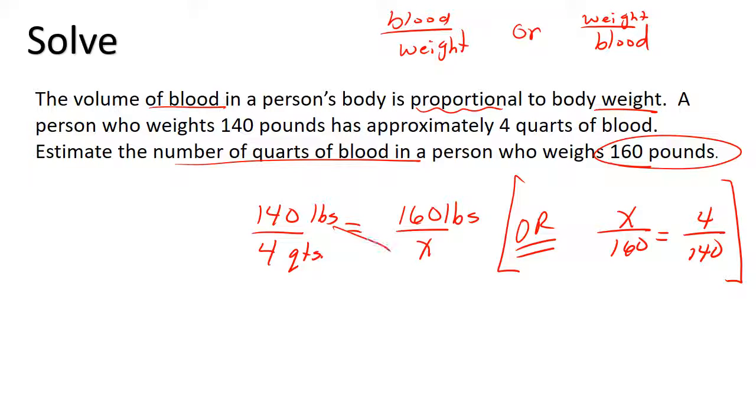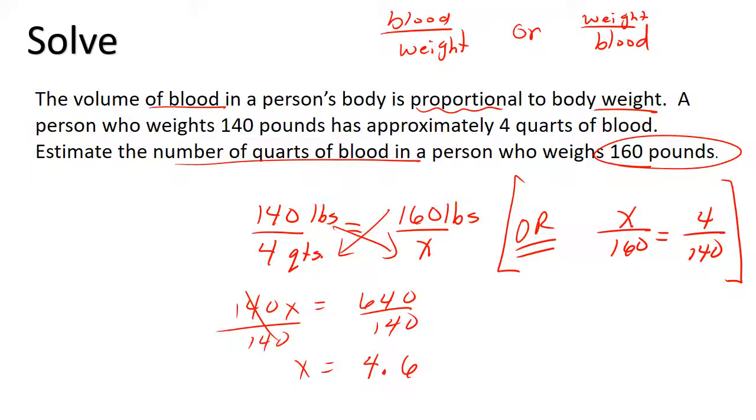Now we're going to cross multiply to get 140x is equal to 640. Then I would divide by the 140 coefficient, and x is equal to approximately 4.6 if you round off to the nearest tenth.